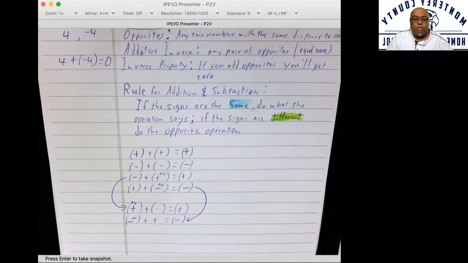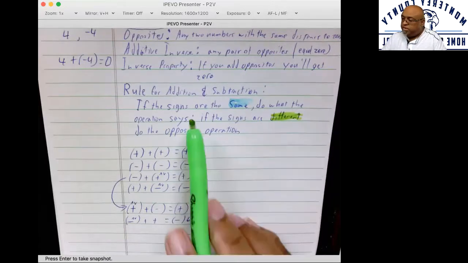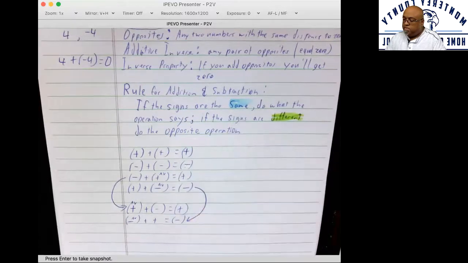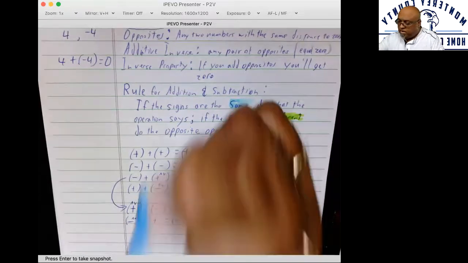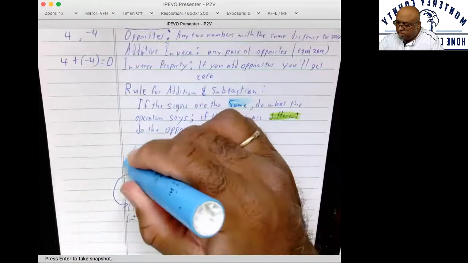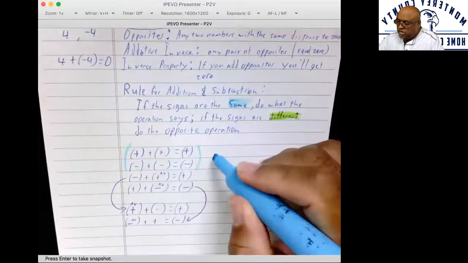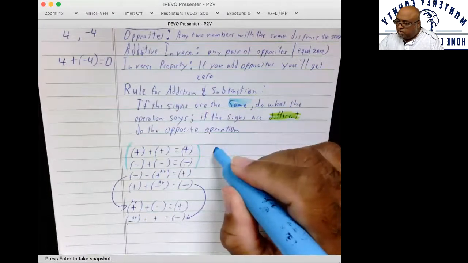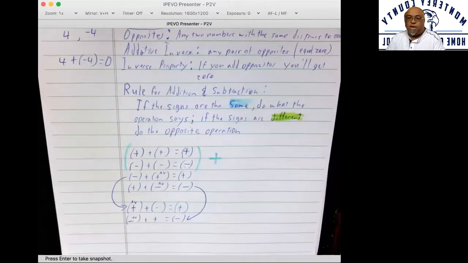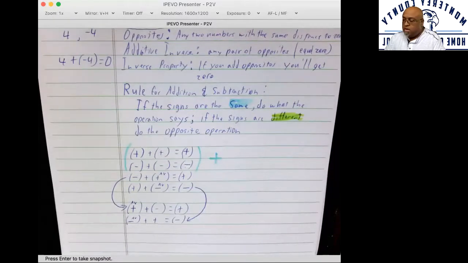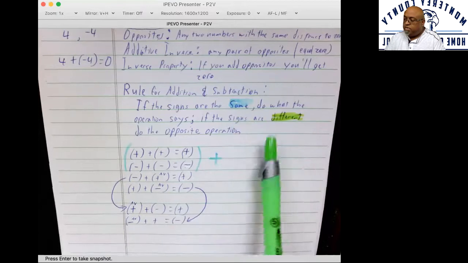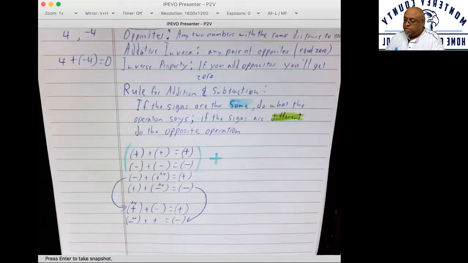But I also want to point out something. On the first couple of problems, you'll notice something. If the signs are the same, you notice my signs here are the same, then we do what the operation says, and the operation says to add, okay? If the signs are different, then we do the opposite operation.